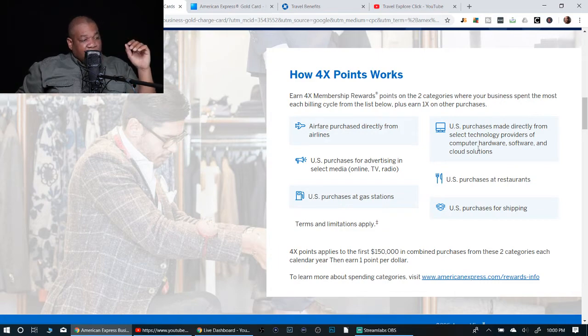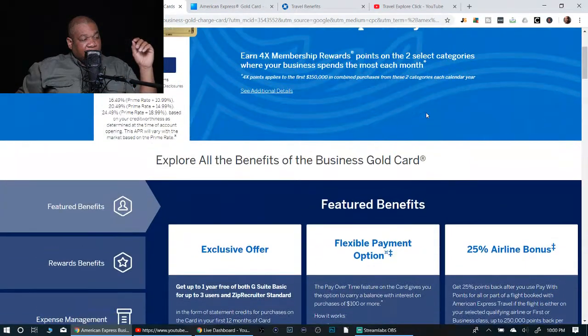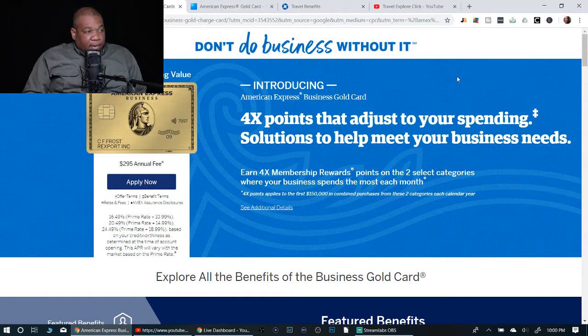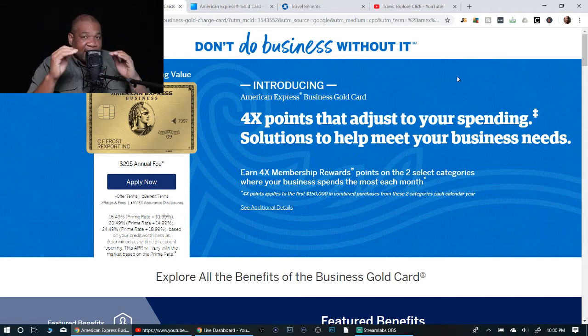So I would most likely get the other card over this card. I don't mind having a business card, but I would prefer to have a personal card, because when it comes to business cards, and this is me, I only use them for business purposes.